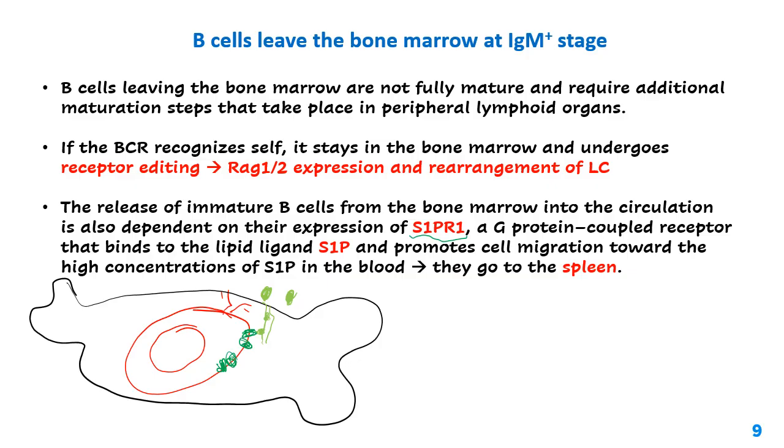So that is going to give a signal for your B cell to leave your bone marrow and go to the circulation. Then it's going to have another signal that is going to make it land inside of the spleen. When it reaches the spleen, it's going to stay there for further developing.